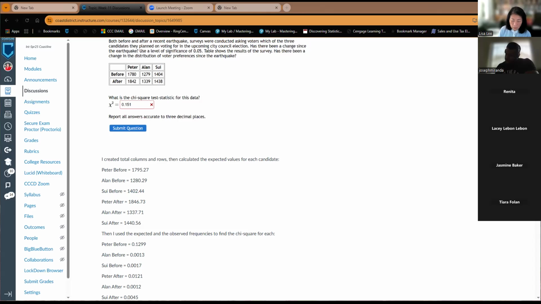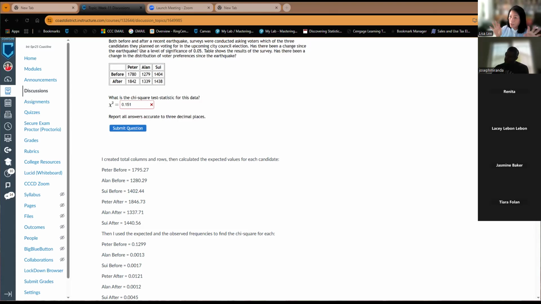0.92145. Okay. And if I round it to 4 decimals, it is usually 0.9215. And you can see this number is greater than the significance level 0.05, greater than alpha. If the problem asks you how this test statistic given to us here, and asks, is there any change after the earthquake?